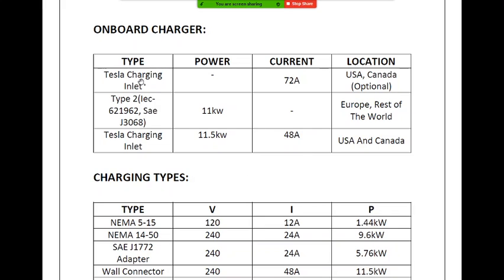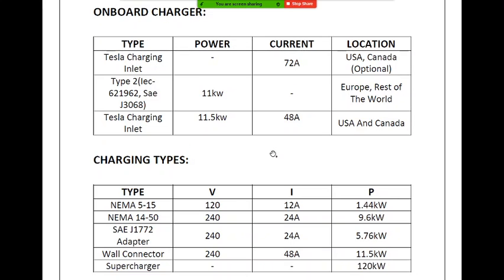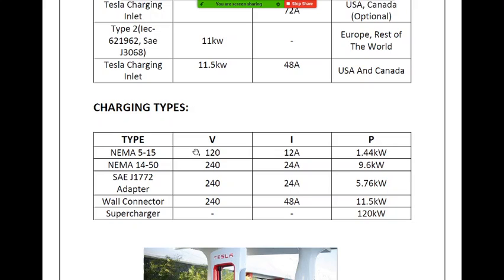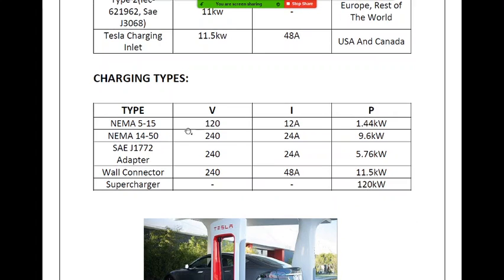If you see the charging inlet in the first point, it's around 72 amperes, but in the third block you could see the charging is around 48 amperes, and the power is an additional 0.5 to the Type 2 charger. It's around 1.5 kilowatts, and it is located in USA and Canada. And this is the charging type all over the world.